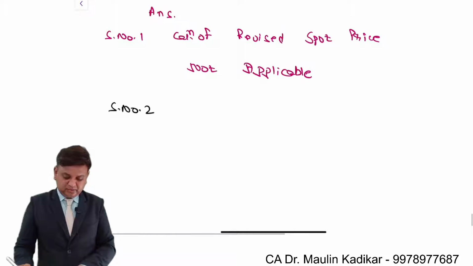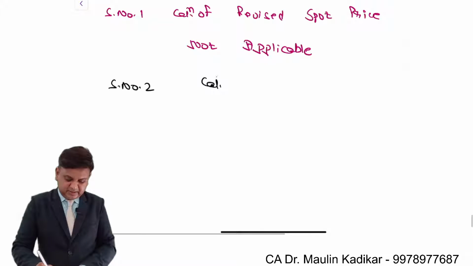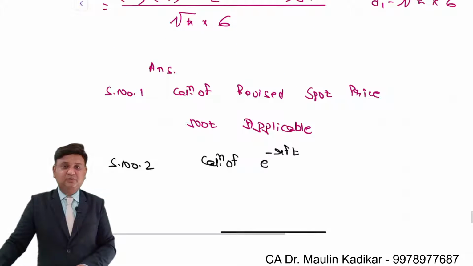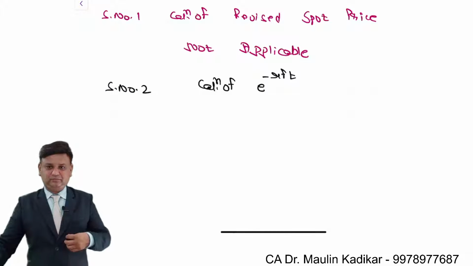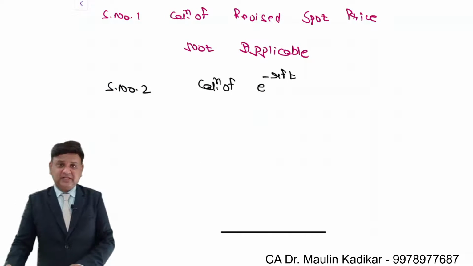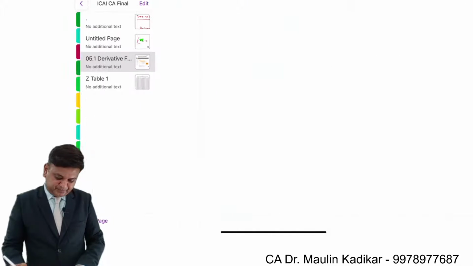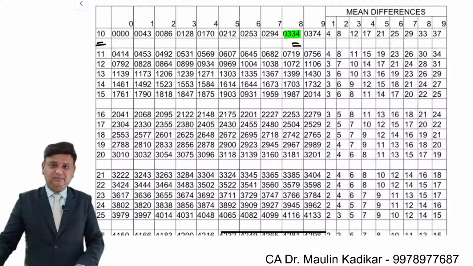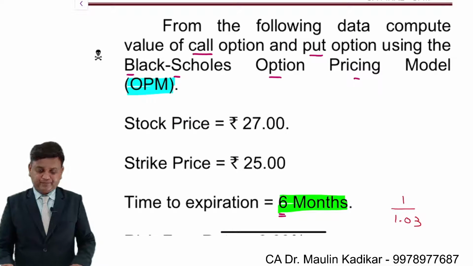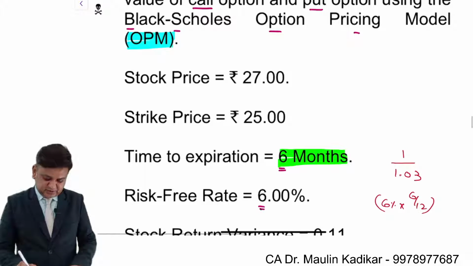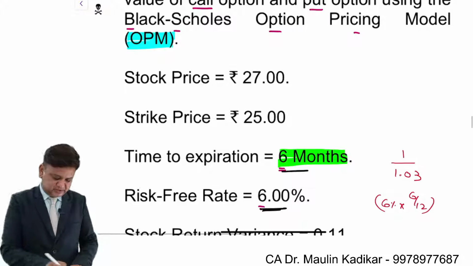Step number 2, calculation of e raised to negative rf into t. So it is e raised to negative rf. What is the risk-free rate of return? Risk-free rate of return is 6% and the time period is 6 months.